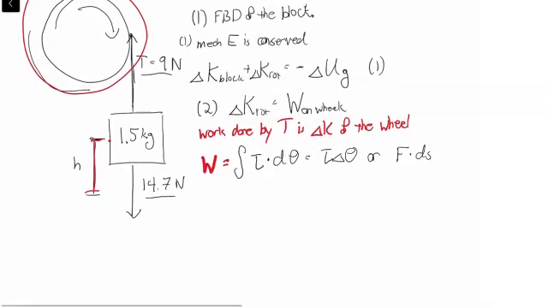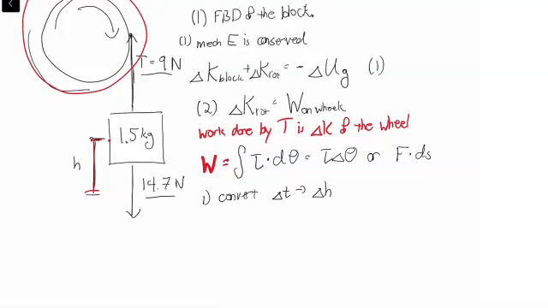One way is to convert from delta t to delta h. What we need to understand is, under constant acceleration, how far the block will have moved.